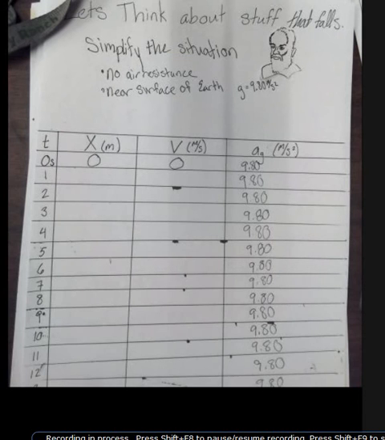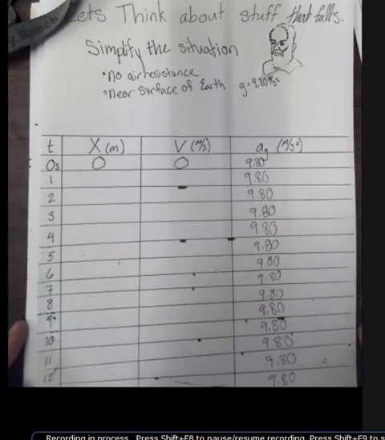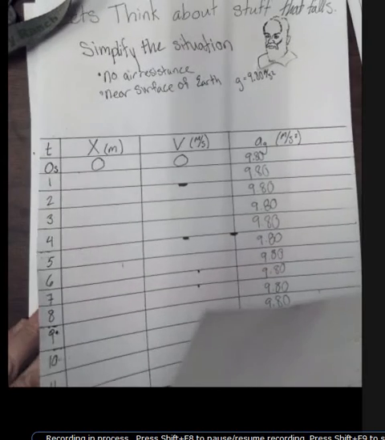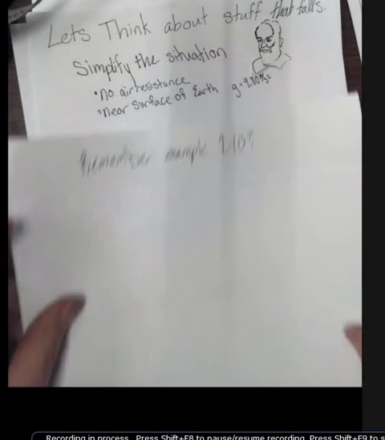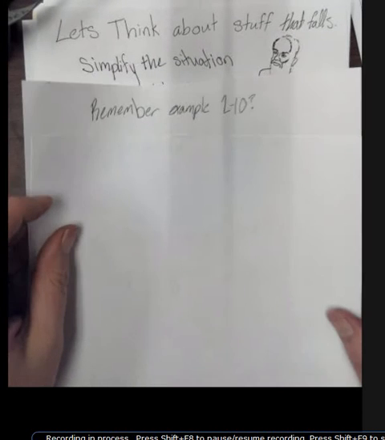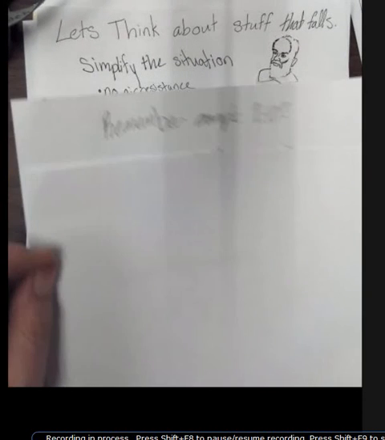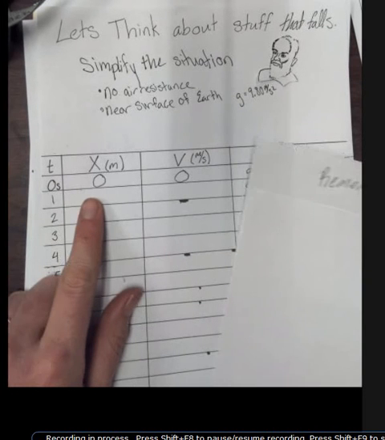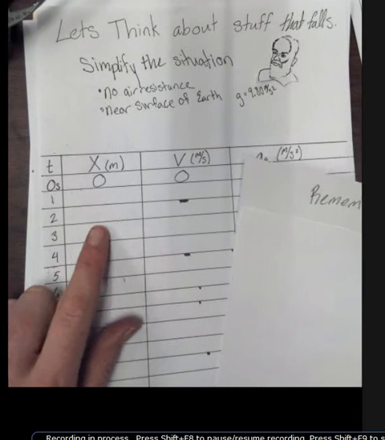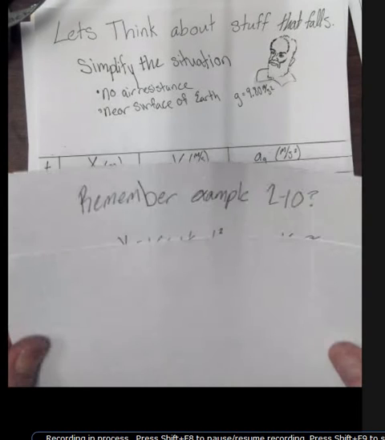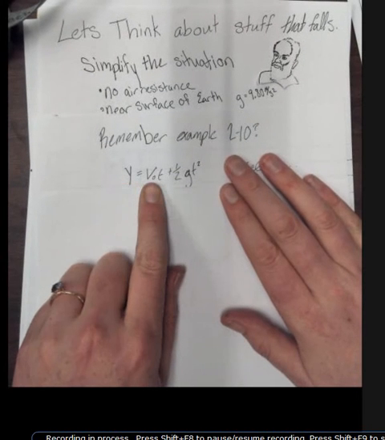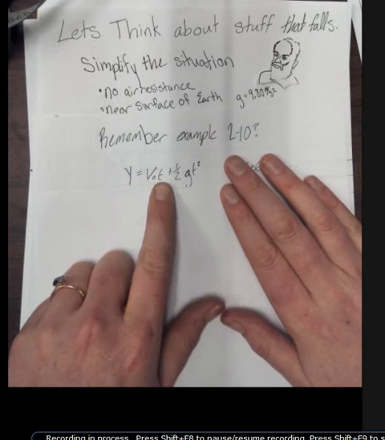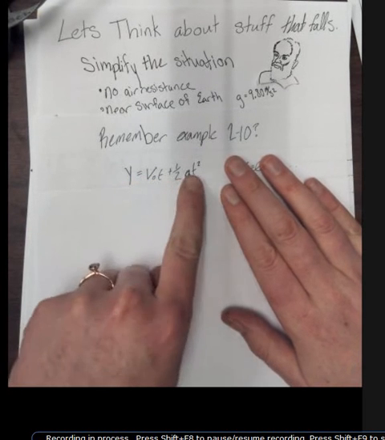That's not the only thing that we can recall from example 210. There's a few more exciting little tidbits of information that we can pull from it. The first one is, if we're going to determine the position for every single second, we could use this equation: the position is equal to the initial velocity times time plus 1/2 the acceleration due to gravity times time squared.